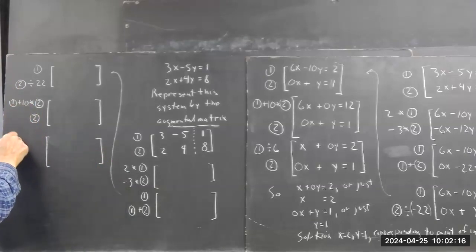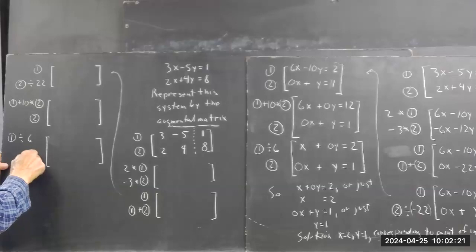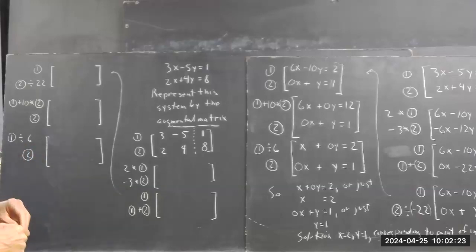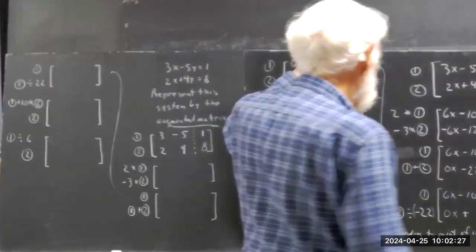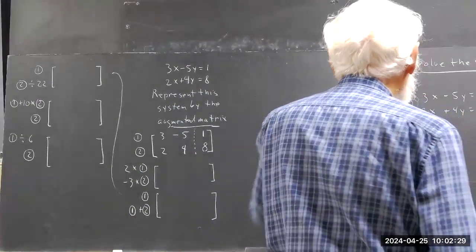And then we're going to have row 1 divided by 6 and row 2. Those are the operations.